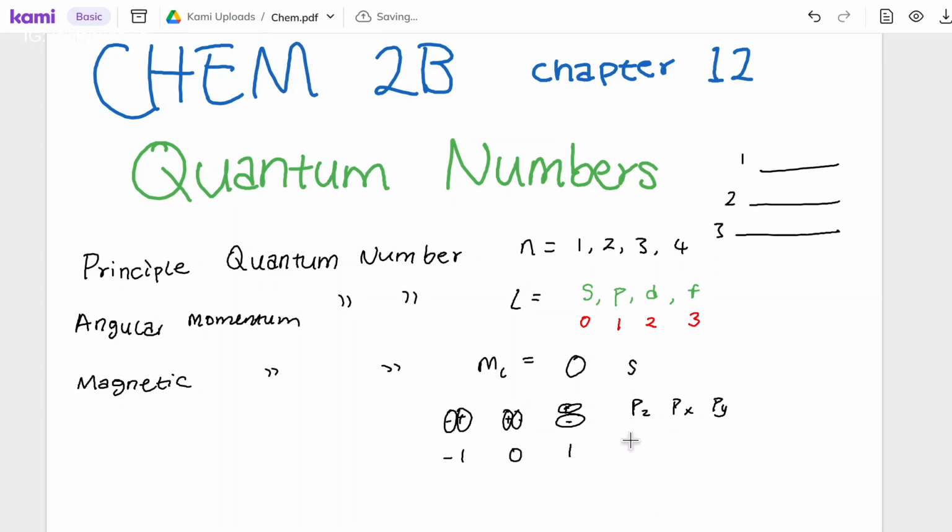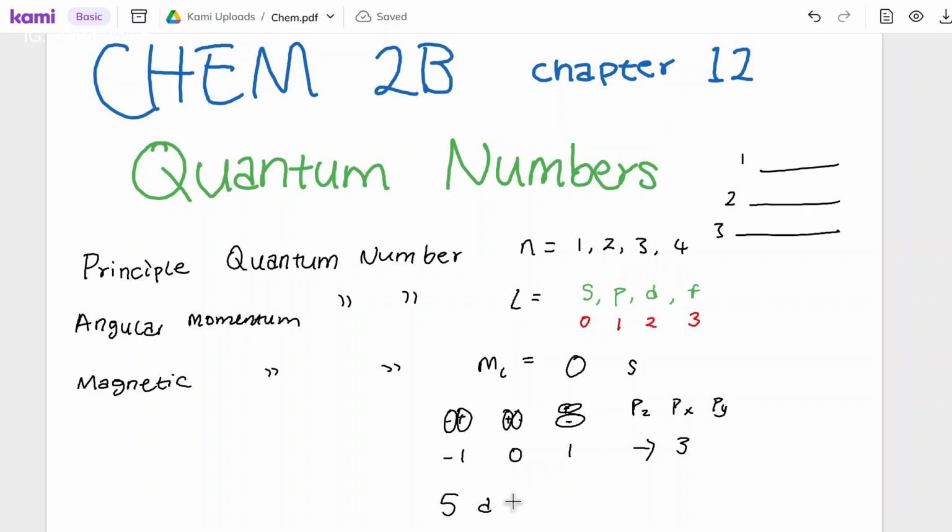For the P orbital, there are 3 MLs, and then I'll draw the D orbitals. Actually, it's going to take a while to draw, so I'm just going to tell you that there are 5 D orbitals. You can look them up to see how they look, because later on I think you might need to know how to draw one of these.